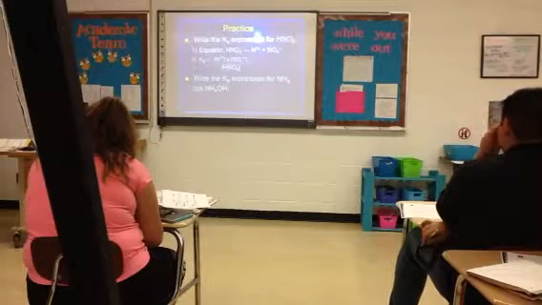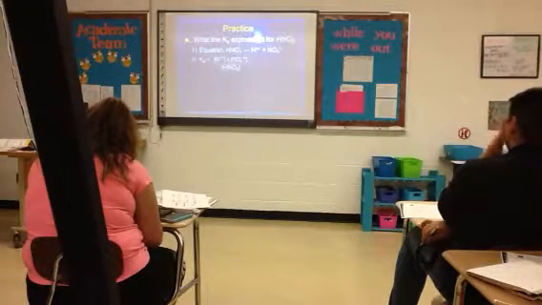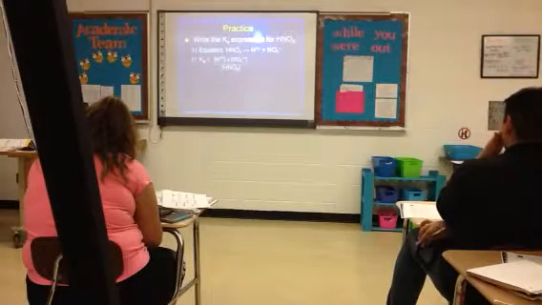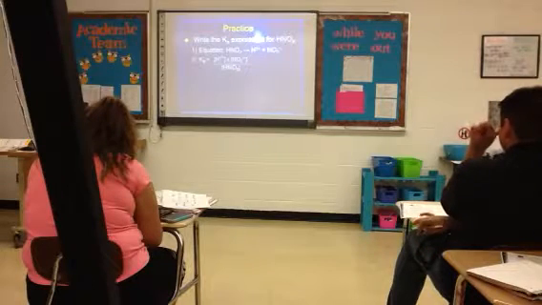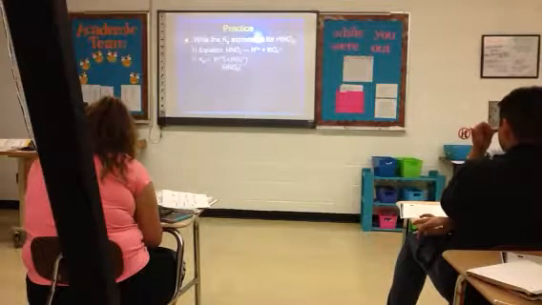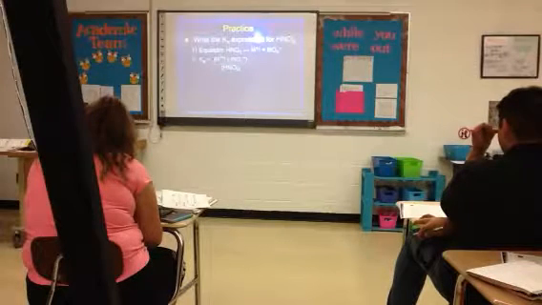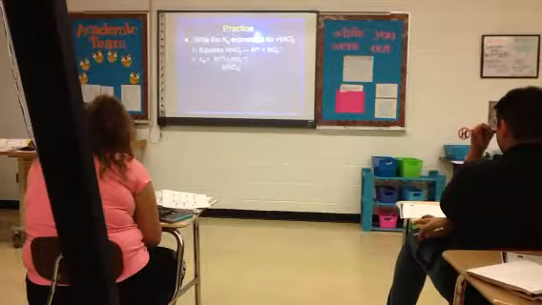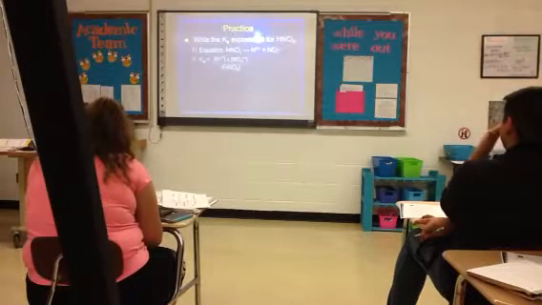If I were to give you numbers with this, your initial concentration would go on the bottom. Let's say it was 0.5 molar. That would go on the bottom. And then your H plus values have been teeny tiny, like 1 times 10 to the negative third. If I give you that as the value for H plus, I would just square that on the top: 1 times 10 to the negative third, close my parentheses, and square it. Because for every HNO2 that breaks apart, there's one H plus and one NO2 minus, so they should have equal concentrations.